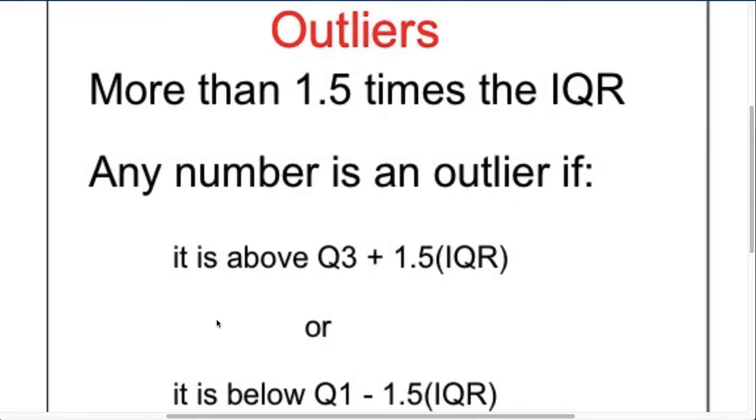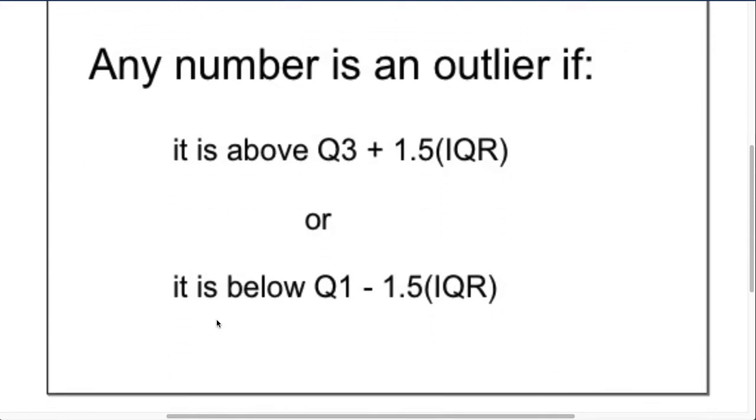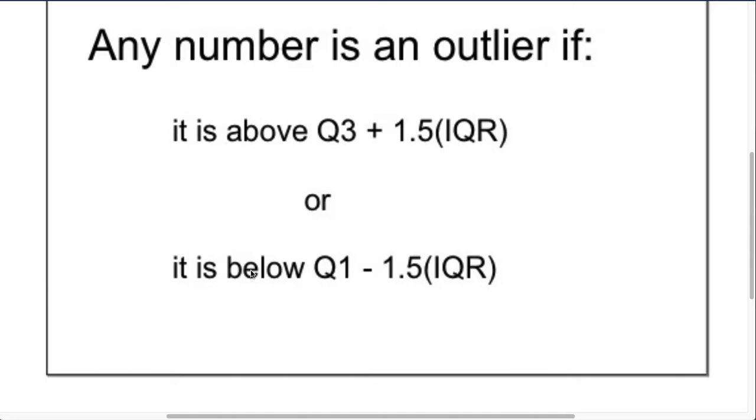Okay, so to find any outliers that are above the data set, above Q3, you would do the third quartile plus 1.5 times the interquartile range, or if it's below, then it's Q1 minus 1.5 times the interquartile range. Okay, we'll practice how to find and identify outliers, and we'll also look at how we treat them differently on box and whisker plots when we are graphing.